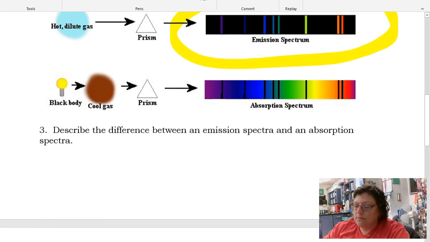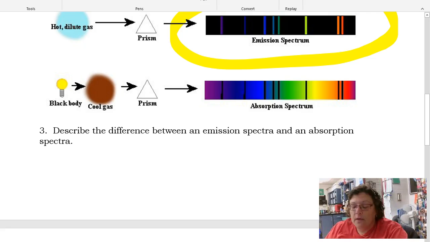Now, there's also something called an absorption spectra. We were looking at electrons that were excited, and they passed through a prism, which was the glasses, so we could see the emission spectra.